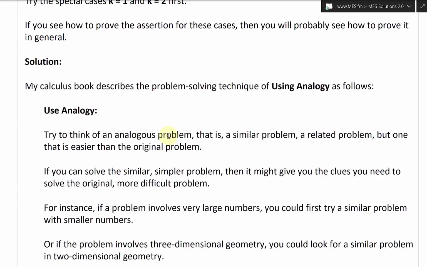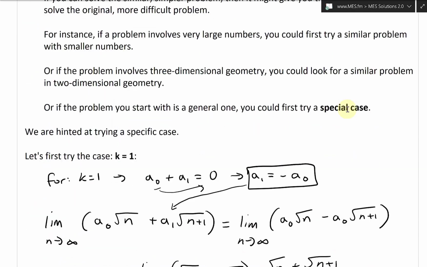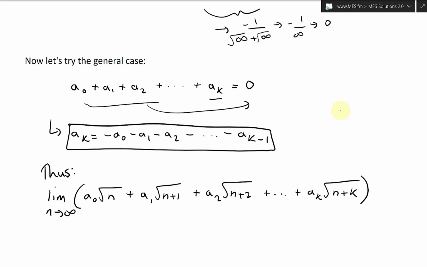So n plus 1 keeps going on and on: square root n plus 1, square root n plus 2, all the way to n plus k. Plus a2 square root n plus 2, plus dot dot dot, plus ak square root n plus k.